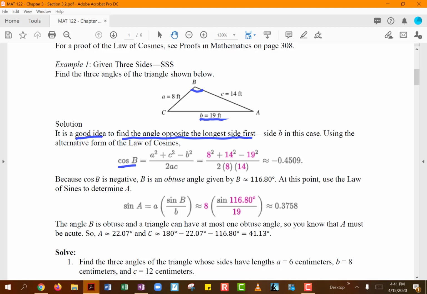We plug in our numbers, simplify that, and you get cosine of B to be negative 0.4509. When you have a negative cosine value, that means you are looking at quadrant 2, right?